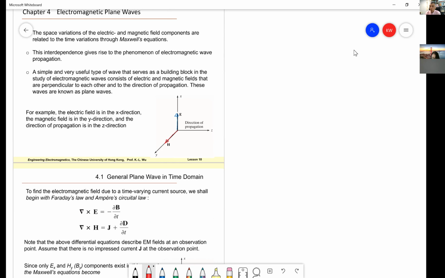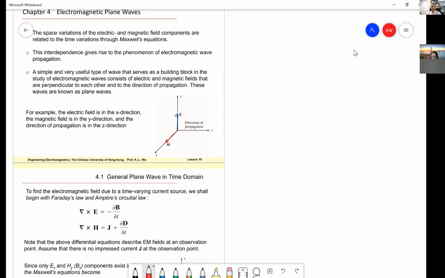Then you may ask me, how do you know that when the electrical field is polarized in the x direction, you must have a magnetic field in the y direction? At this moment, I have to admit, I don't know. I just assume they exist.